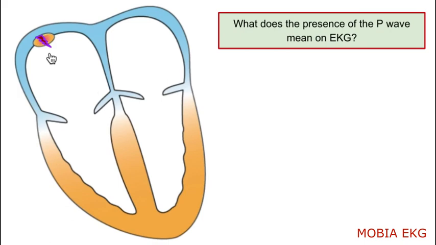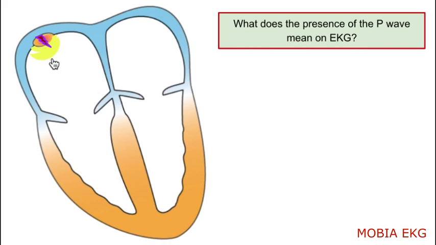The origin of the electrical signal can be the SA node, atrial tissue, the AV node, or the His-Purkinje network. At this point, I don't focus on the origin of the electrical signal. The second requirement is conduction of the electrical signal through the atrial tissue to depolarize it.